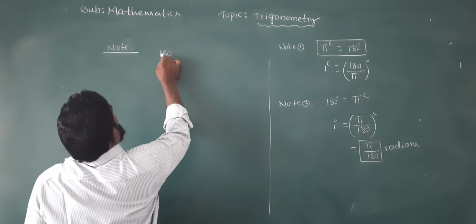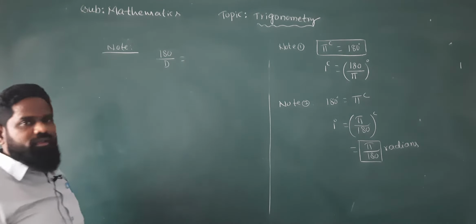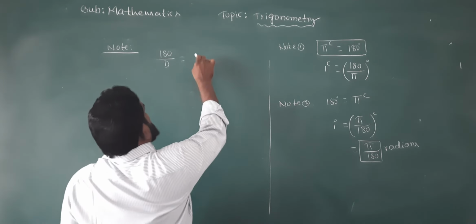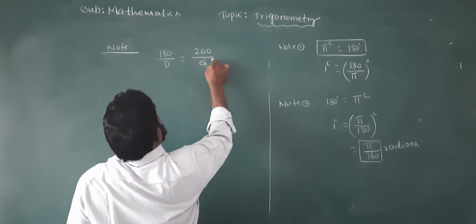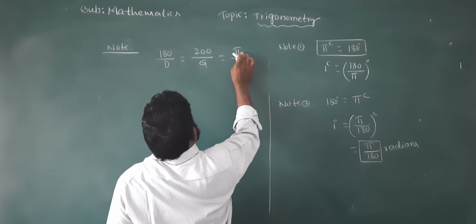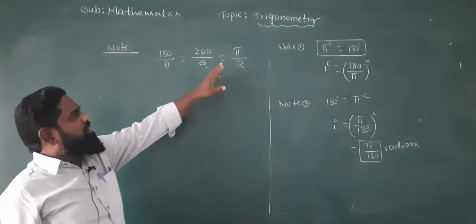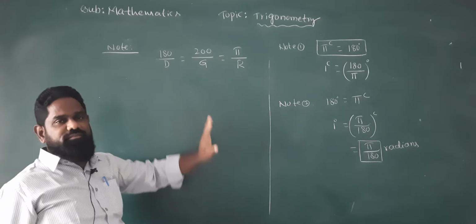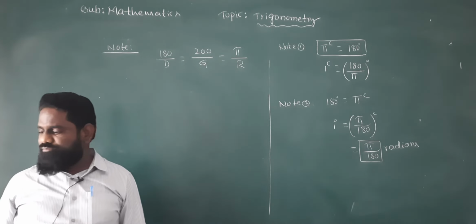In degrees, the straight angle is 180. In the centesimal system, the straight angle is 200 grades. In the radian system, the straight angle is pi radians. Okay, pi radians, 200 grades, 180 degrees. Understand? 180 degrees is the straight angle.